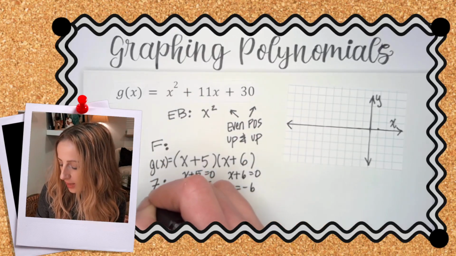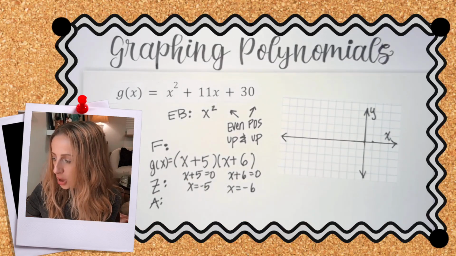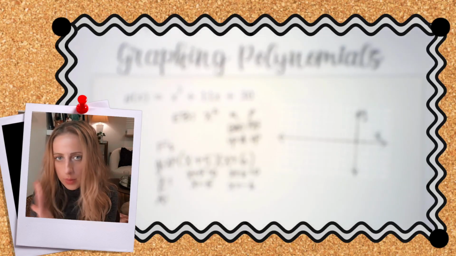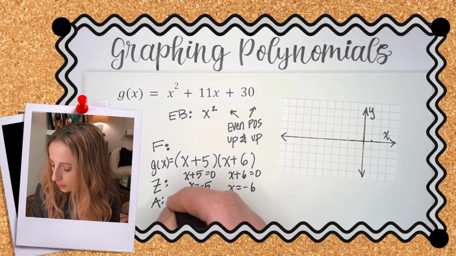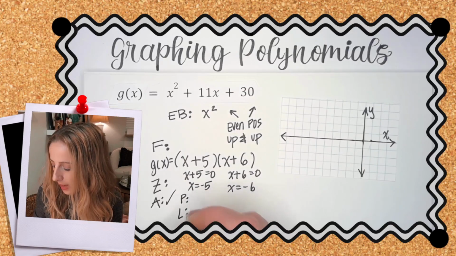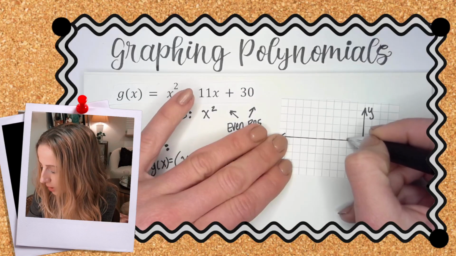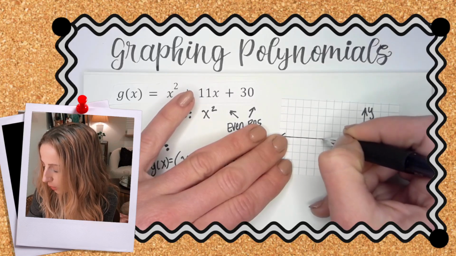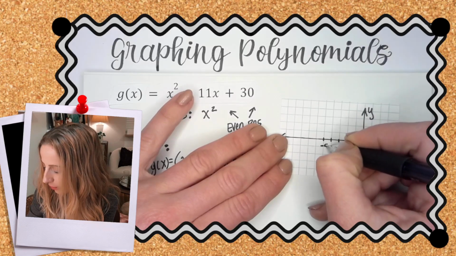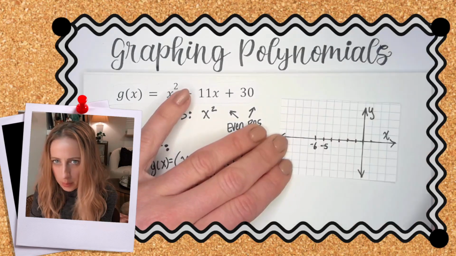So after that, A is for axes. Well, I have those prepared for us right over here. That is done and ready to go. Next thing is we're going to do P and L, plot and label. So plot the points, but also label the local behavior. I'm plotting negative 5 and negative 6. So I have 1, 2, 3, 4. Here's negative 5, and here's negative 6. I'm only labeling the numbers I care about.